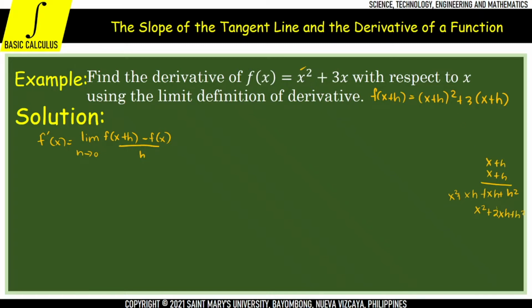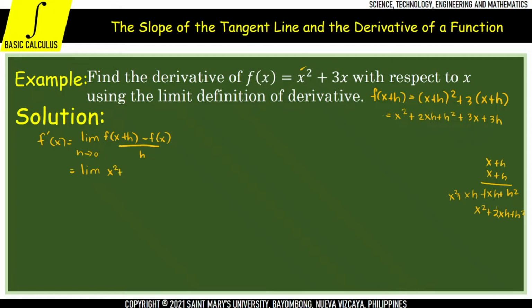Or simply, that's equal to x squared plus x times h times 2. Multiply mo lang ng 2 yan. X times h times 2 is equal to 2xh plus h squared. Plus, distribute mo na din. So, we have 3x plus 3h.